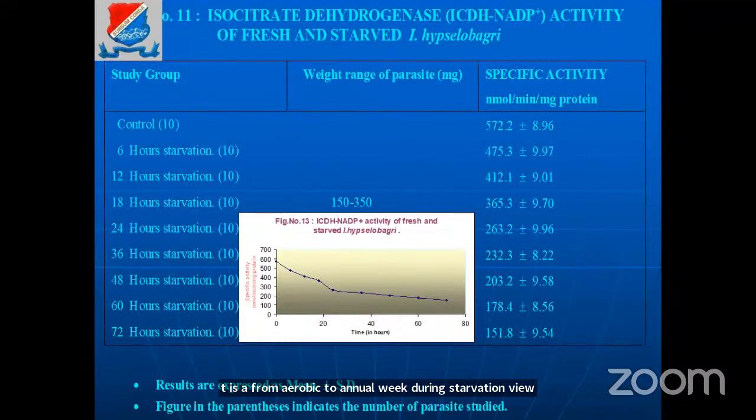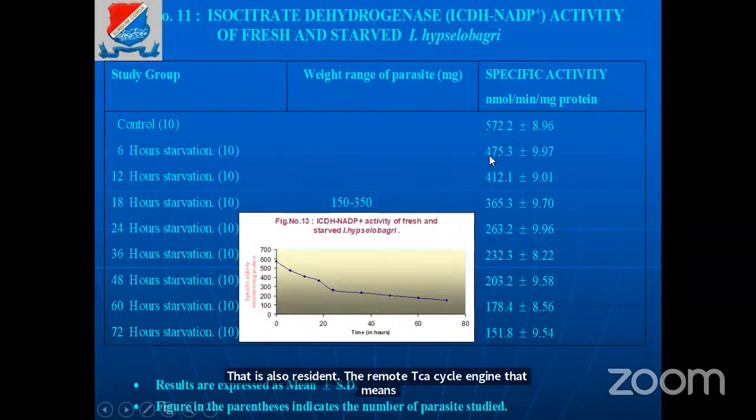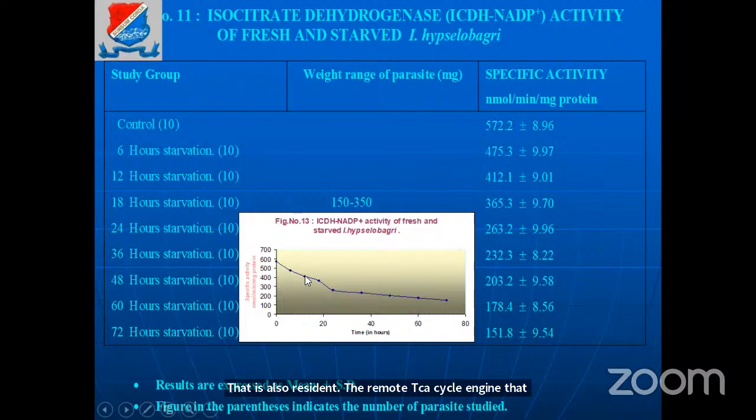Now, what is the fate of the TCA cycle enzymes? We find that ICDase, the NADP-linked enzyme, is present, and it is gradually decreased over the first 24 hours. It is much more degrading, then gradually down to 151 nanomole.